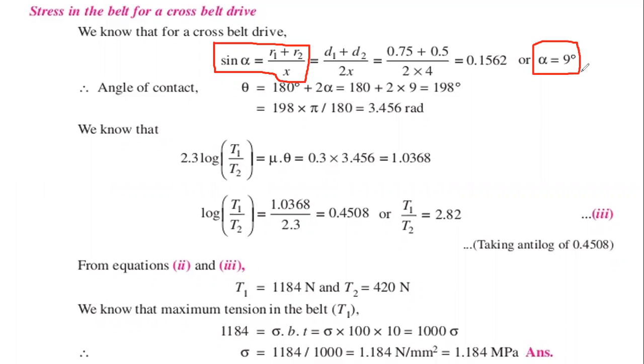Then we use it to find the angle of contact. Theta is equal to 180 plus 2 alpha, so it is 180 plus 2 into 9, that is 198 degrees.